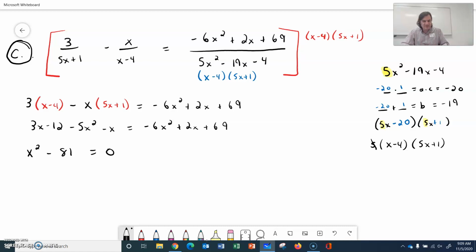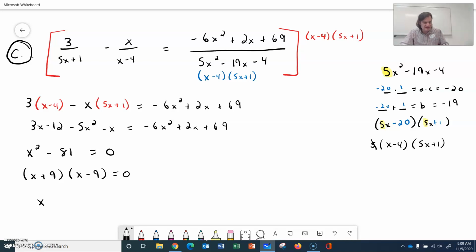I could factor that with the AC method. I could use the quadratic formula. I could use the square root method. But I'm going to realize that it factors as a difference of squares: x plus 9, x minus 9. Very oddly, you're not expecting that.